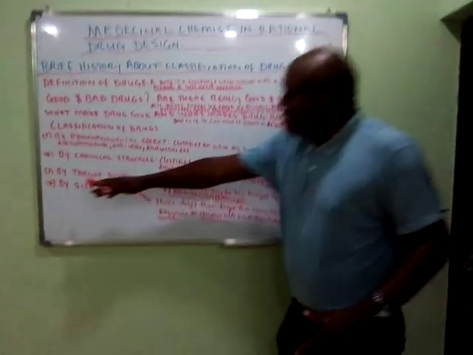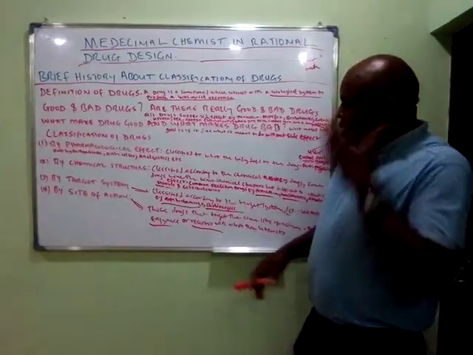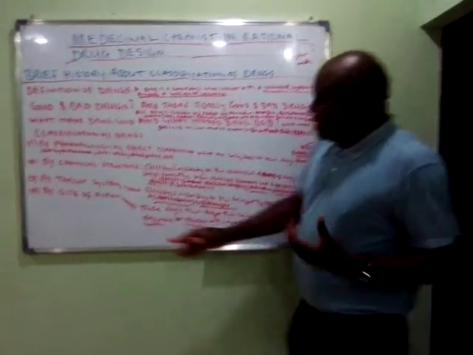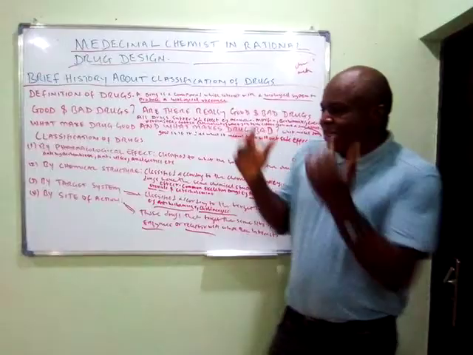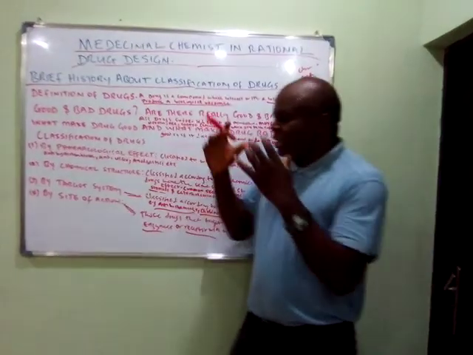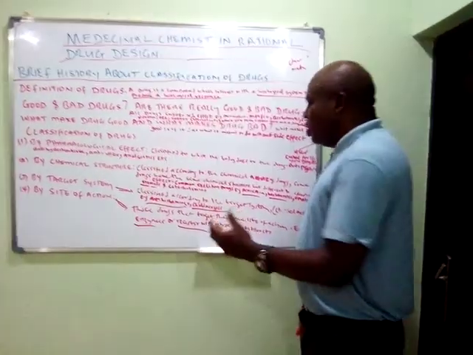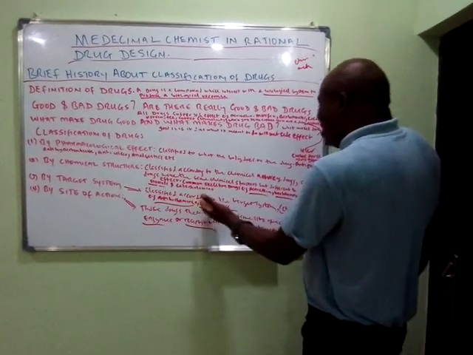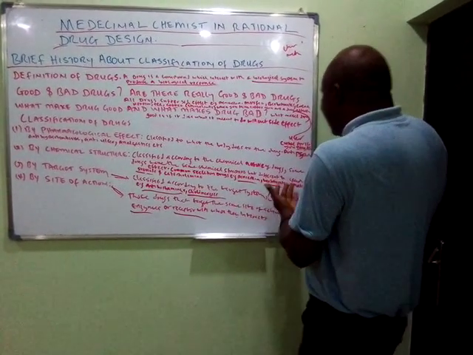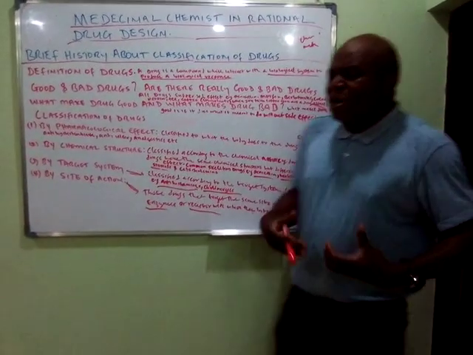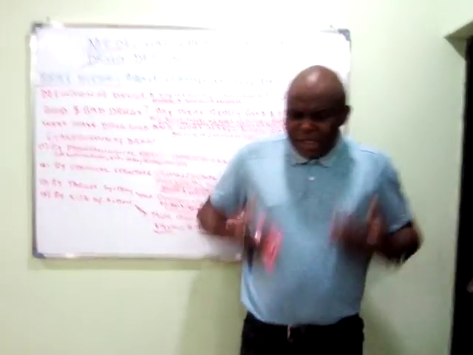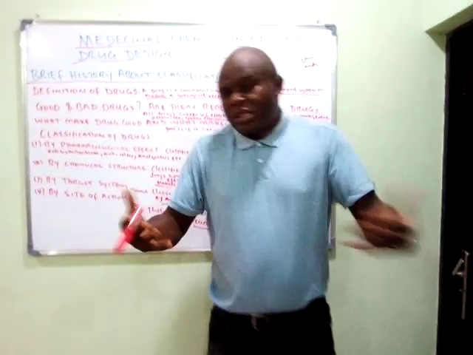Then they have classification by target system. These are drugs that are produced to target the same system. So you have them classified according to the target system, the chemical messengers. We have chemical messengers in the system, neurotransmitters.